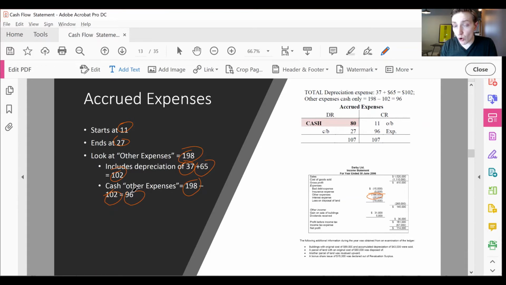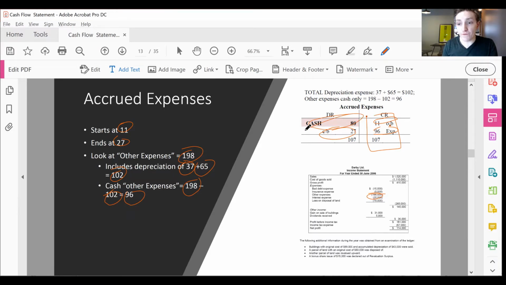So therefore, if we go over to our accrued expenses T account, we have our opening balance and our closing balance, like I mentioned. Our expenses are 96, and therefore our credits all sum up to 107. So what this means is the cash amount that we have ultimately paid in relation to accrued expenses is 107 minus 27, which is equal to 80.